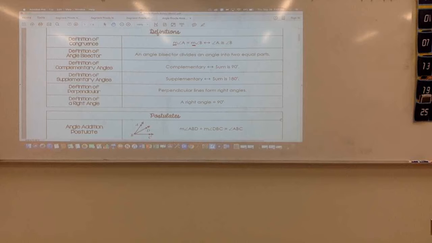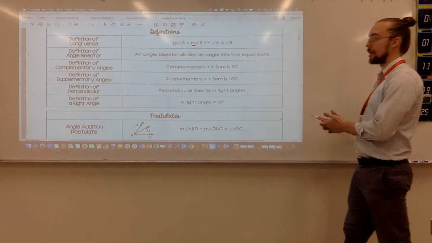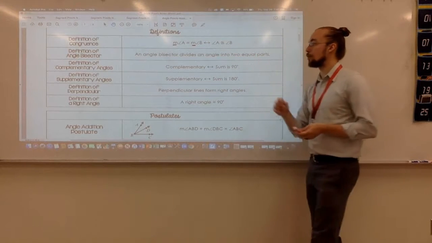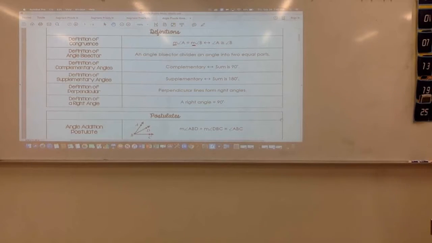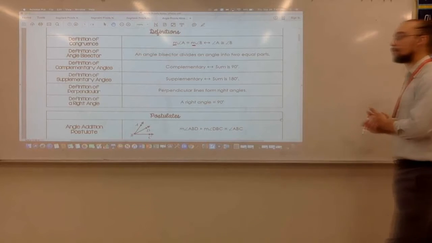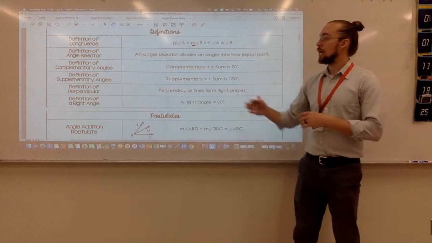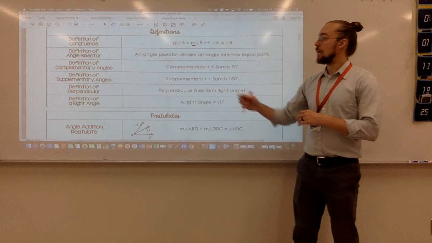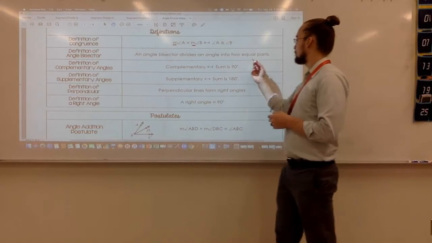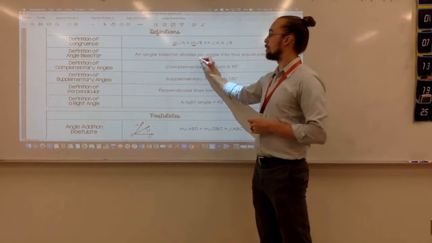Okay, we also talked about bisectors. Okay, an angle bisector, we just know cuts an angle into 2 equal parts. Okay, so if we're told that something is an angle bisector, we'll be able to say that the measures of 2 angles are equal. Definition of complementary just means we can say 2 angles add to 90. Right? So I guess I should write, we'll be able to set up equations here.